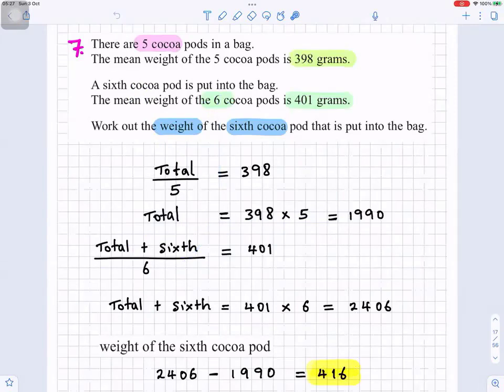So 6 times 401 gives you 2,406. So the total plus the 6th one is equal to 2,406. So if you minus the total, you will get 416. So the weight of the 6th cocoa pod is 2,406 minus 1990, which is 416.